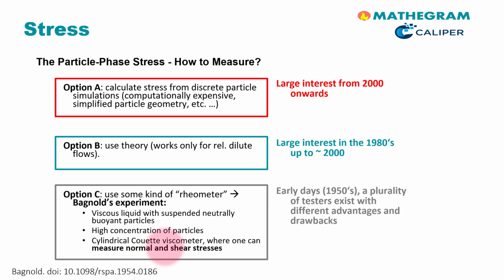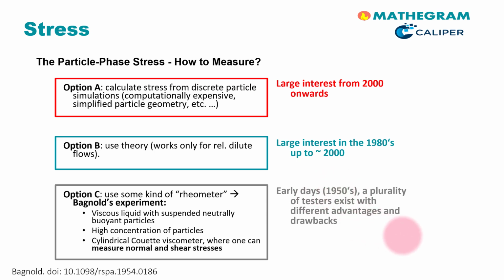Nowadays, a plurality of testers exist that aim at measuring the flowability of a granular material in some way. Unfortunately, the stress response of a granular material is so complex, and hence a perfect granular rheometer does not exist even as of today.